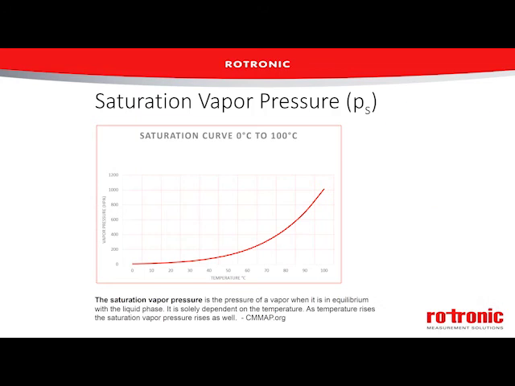Saturation vapor pressure is one component of the calculation for relative humidity. The reason it's so important is because saturation vapor pressure varies with temperature. When we look at the formula for relative humidity, we'll see that saturation vapor pressure is the denominator of the equation.